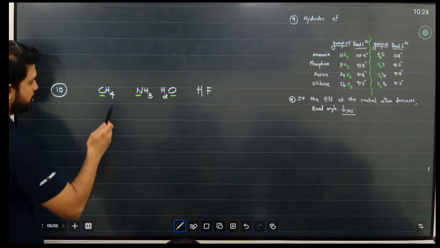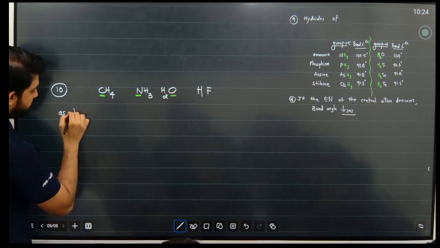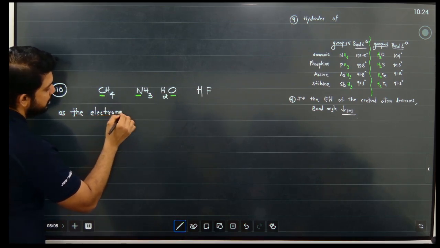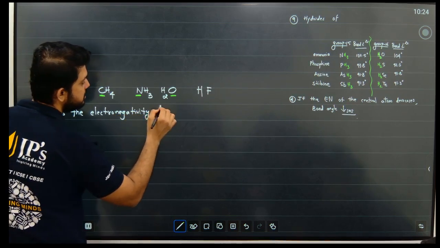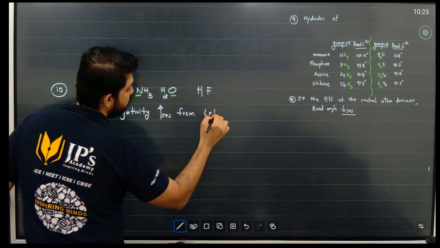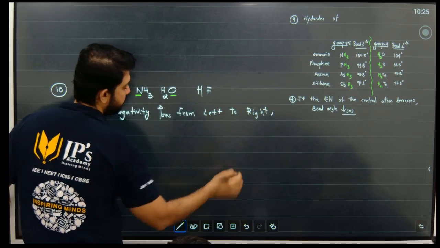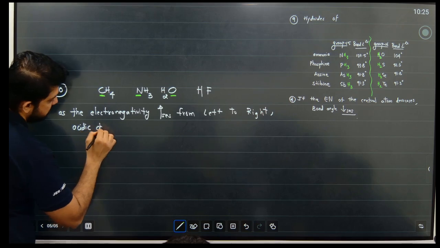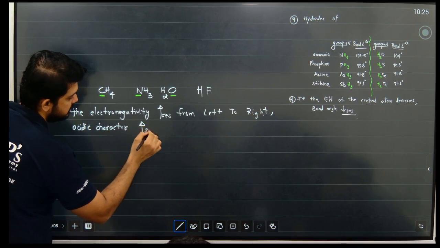Now what I observe is, as I go from left to right, what happens to electronegativity? As the electronegativity increases from left to right, acidic character increases.